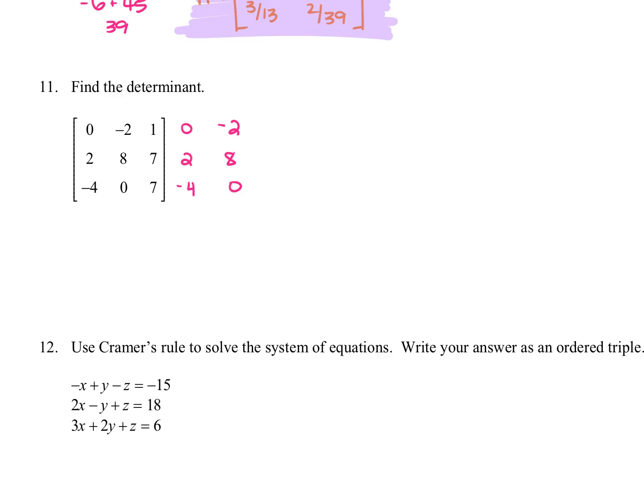You are going to multiply from top to bottom. So that's the 0 times 8 times 7, which is 0. Then your negative 2 times 7 times negative 4, that's 8 times 7, which is 56.